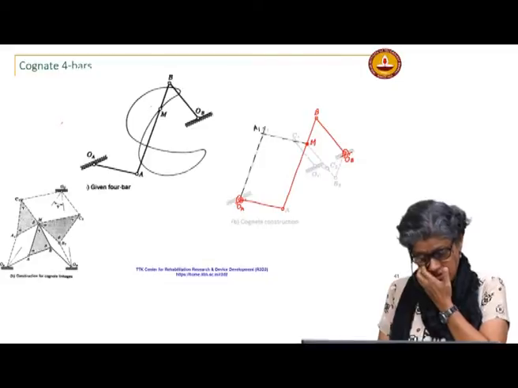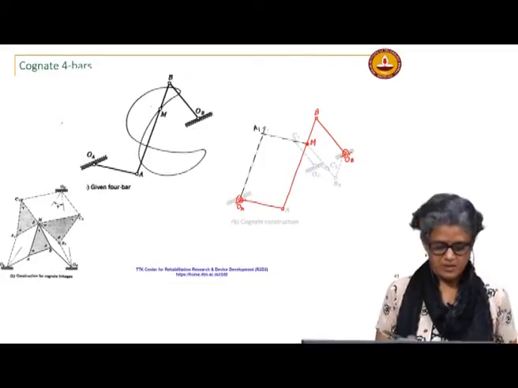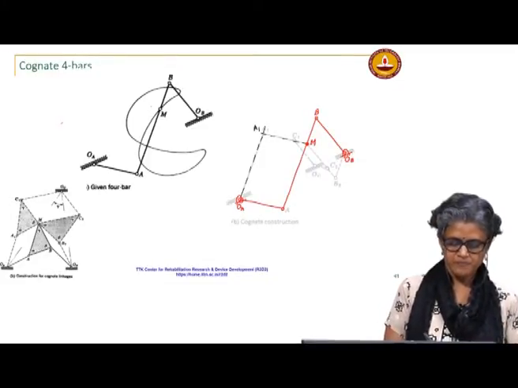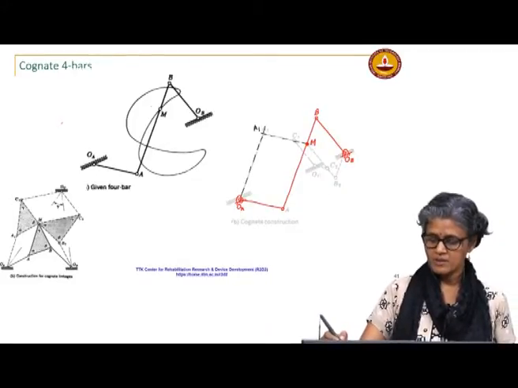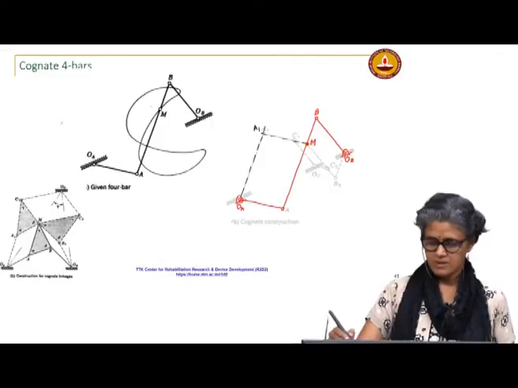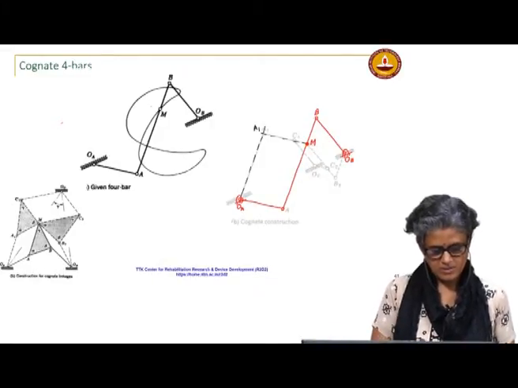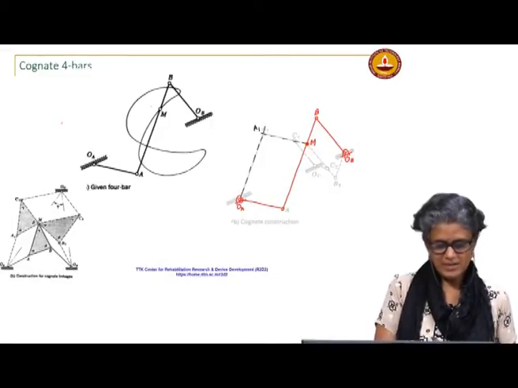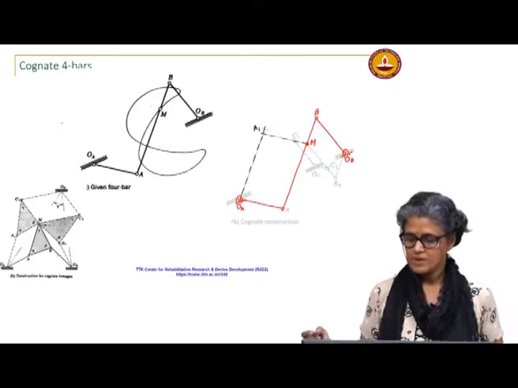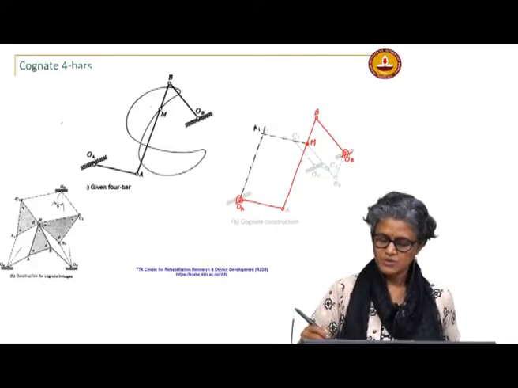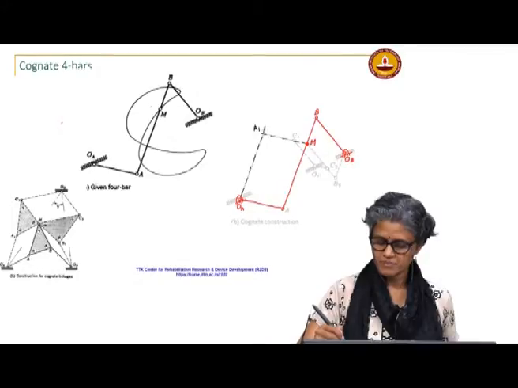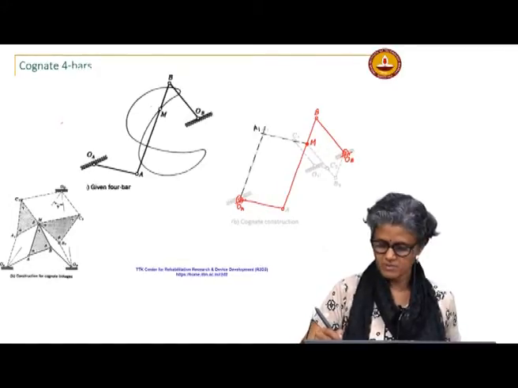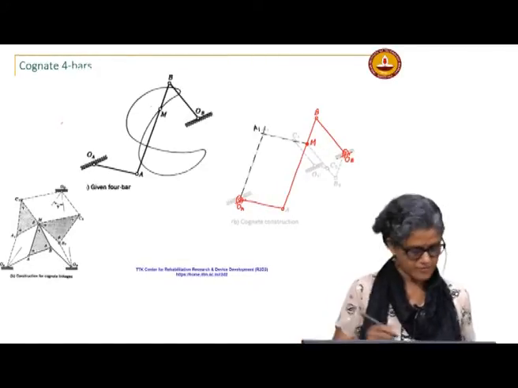On the other side, from OB parallel to OB, you have parallel to BM.